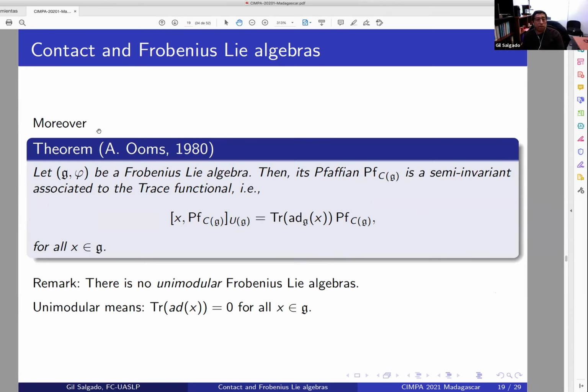So he proved that there are no unimodular Frobenius Lie algebras, and unimodular means that the trace of add of x must be equal to 0 for all elements of the Lie algebra. So this element cannot be an invariant because this is not 0.